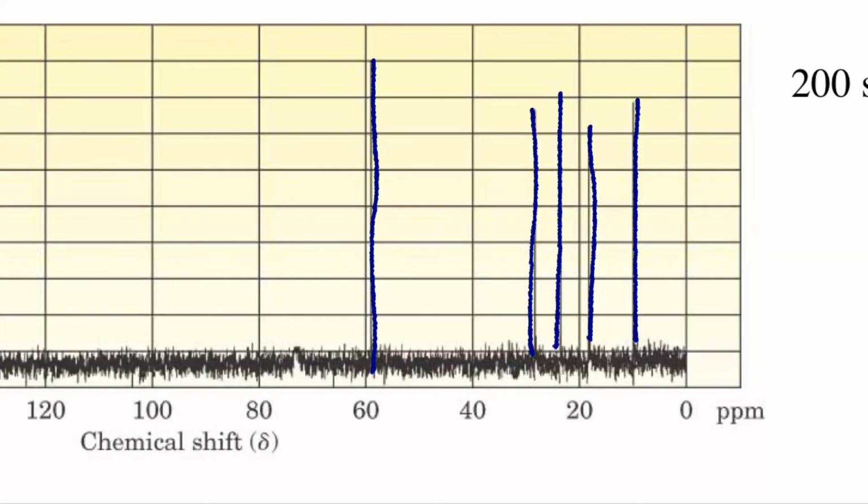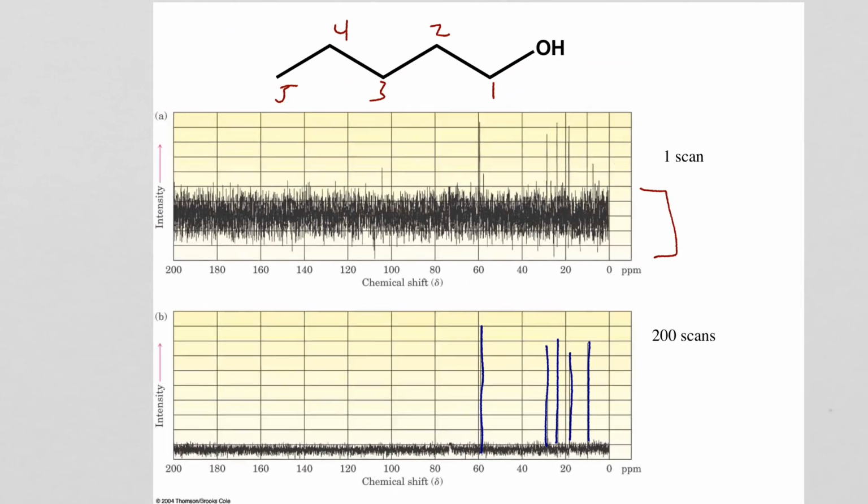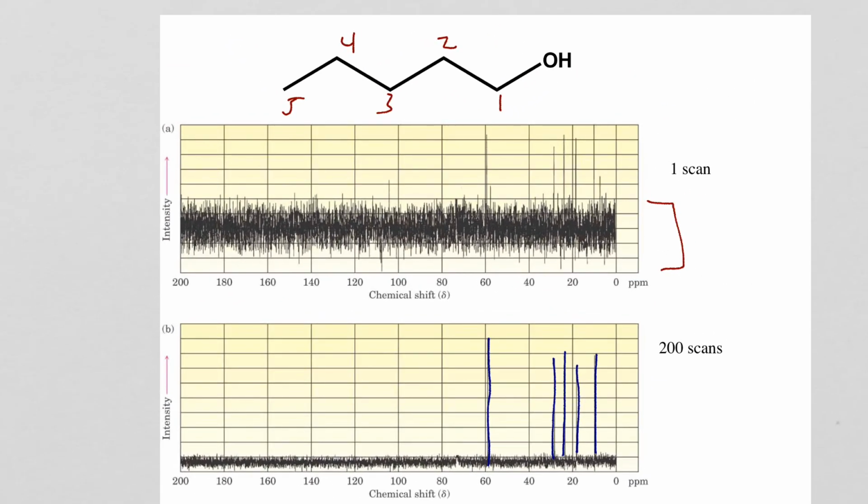Because these peaks are thin lines, I went ahead and outlined them in blue so that you could see where they were and not get them confused with the graph marks. And you can see we've got 5 different kinds of carbon. While I can't assign every single one of them, I do know that this carbon is probably the one giving us that peak because it's attached to oxygen.